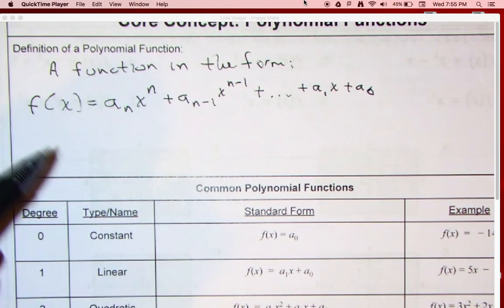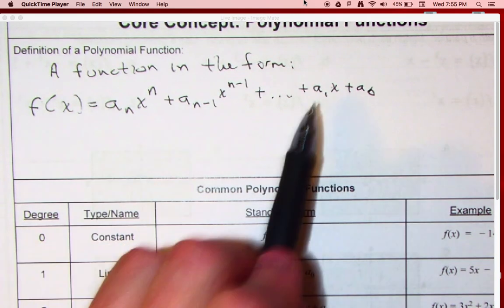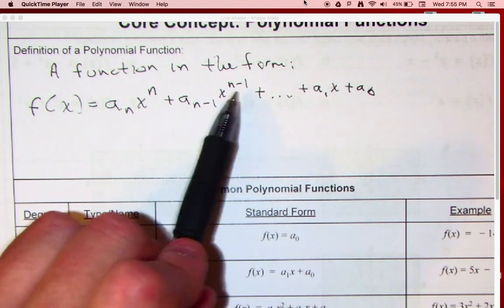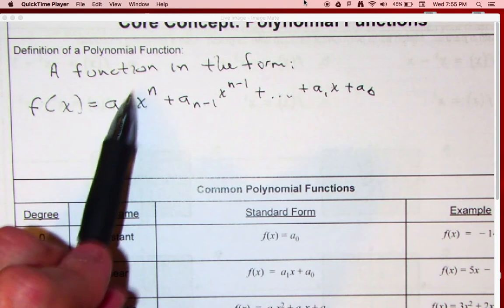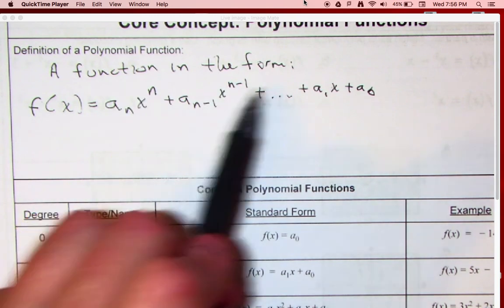Now, that might not make a lot of sense, but basically what you need to remember is all of these a values are different numbers, so they're the coefficients. And these x's are the x variables raised to the exponent. So if this one was x to the third, this one would be x to the second. Okay, so on and so forth.